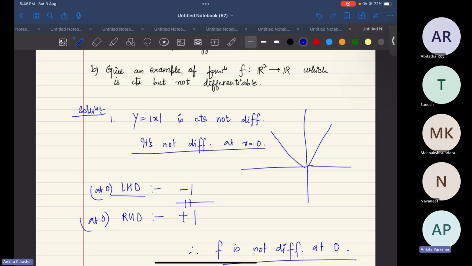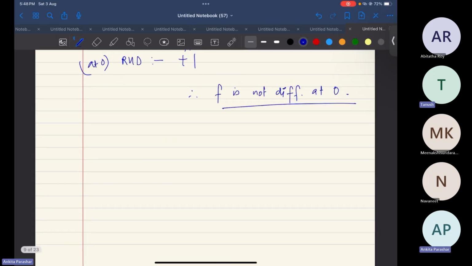We can try x squared y by x squared plus y squared if xy is not equal to 0, and 0 when xy is 0.